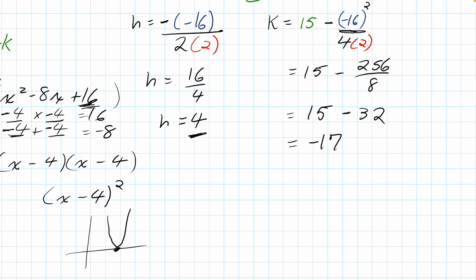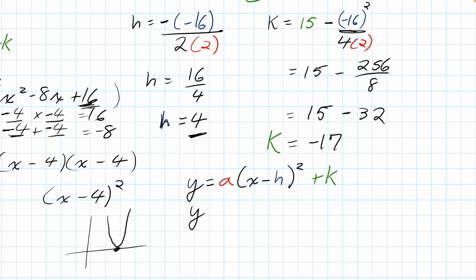But our key here is vertex form. y is equal to, like we said, a times (x minus h) squared plus k. Well, this was my k, this is my h, and the a value never changed. The a value should be the same.